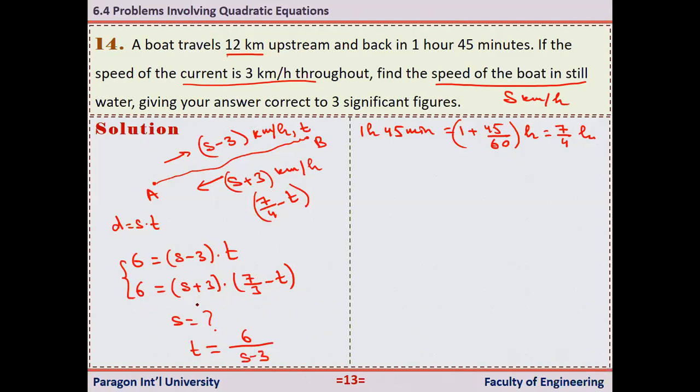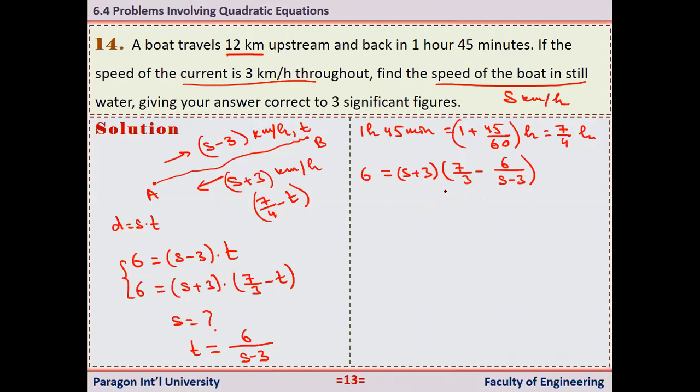And substitute in the second equation: 6 equals s plus 3 times 7 over 4 minus t, where t is 6 over s minus 3. So we have to solve this equation.